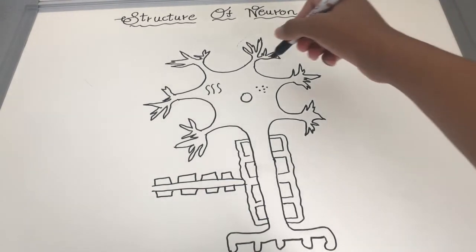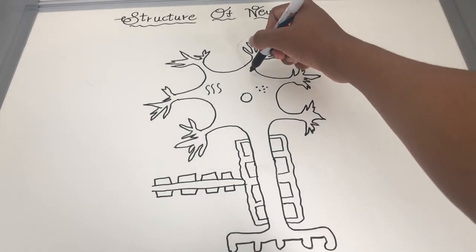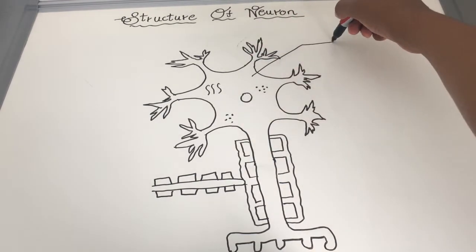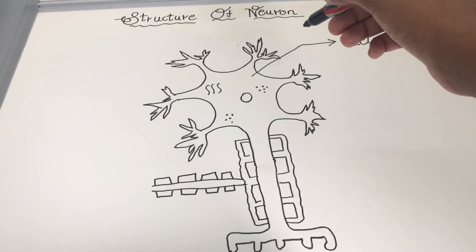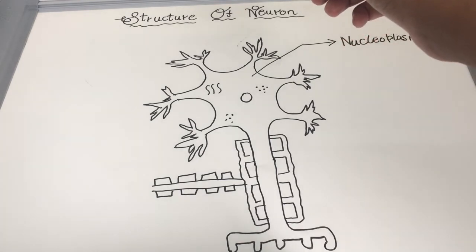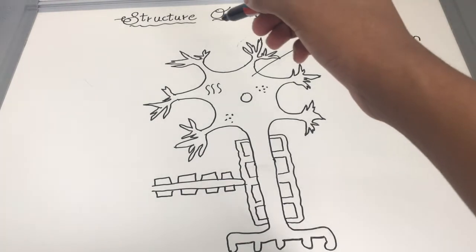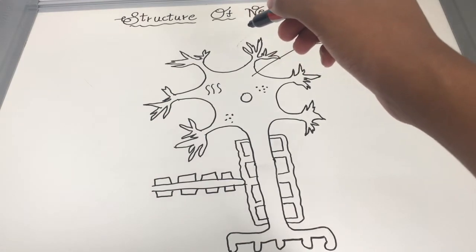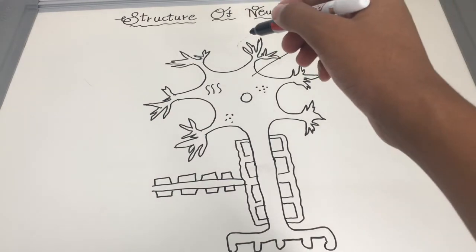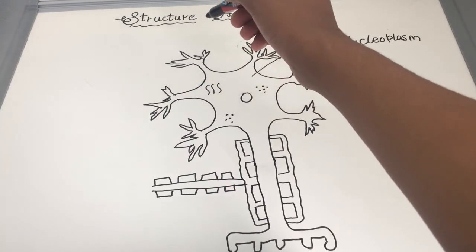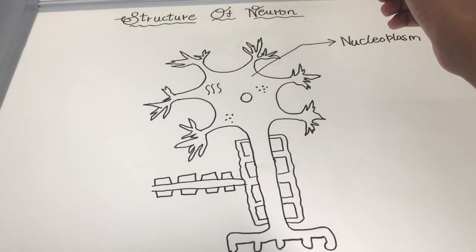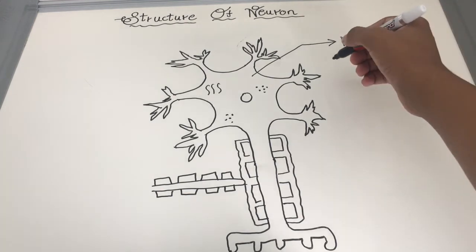So the first thing here we'll label is the nucleoplasm. The second thing we will label is the dendrite. There are two terms you will encounter, dendrite and dendron. These both are collectively known as small processes or afferent processes. So we will label these over here.